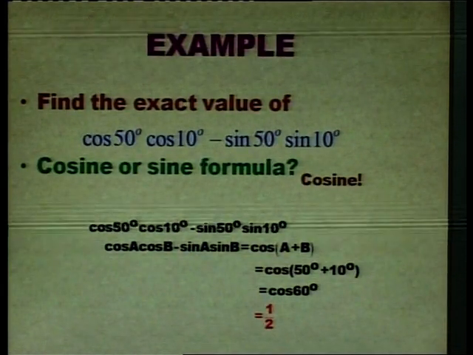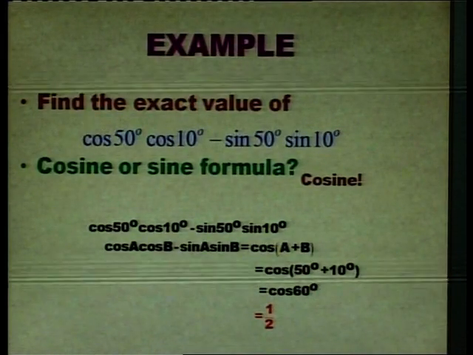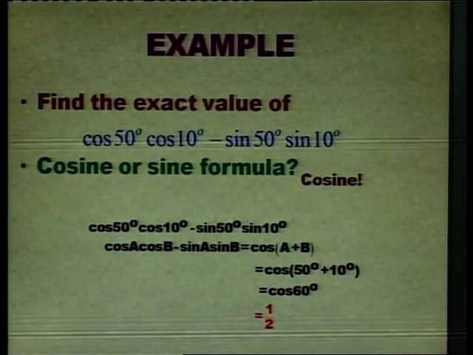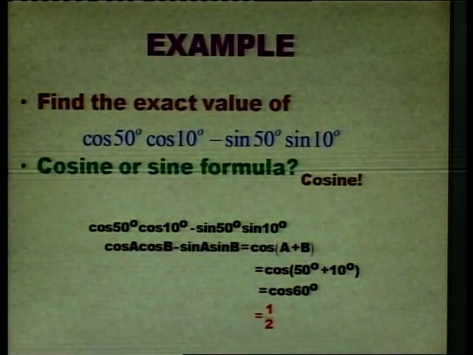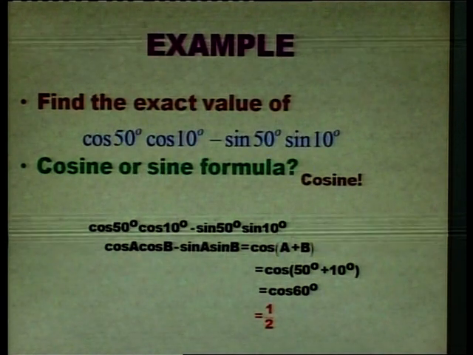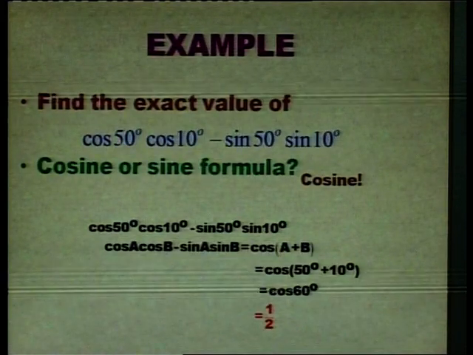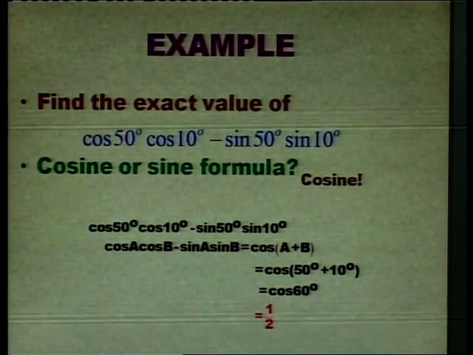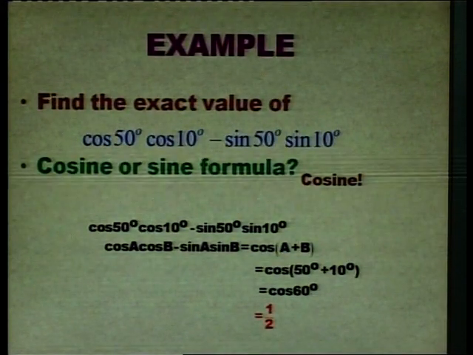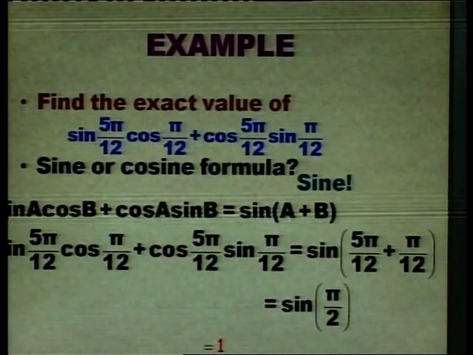So, using that formula, that is cos A cos B minus sin A sin B is cos of A plus B, and comparing the given expression with this formula, you can take A as 50 degrees and B as 10 degrees. So, this is simply directly using the formula, cos of 50 degrees plus 10 degrees, which is cos of 60, and the value of cos 60 is well known. So, that is half.